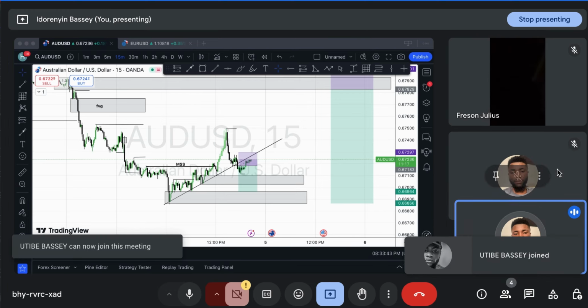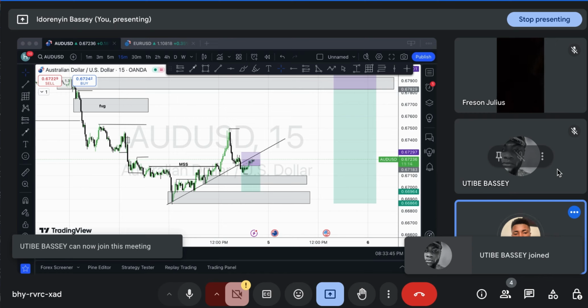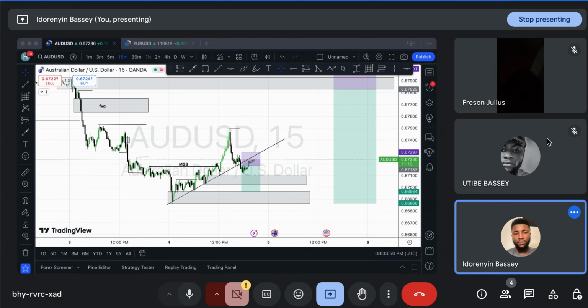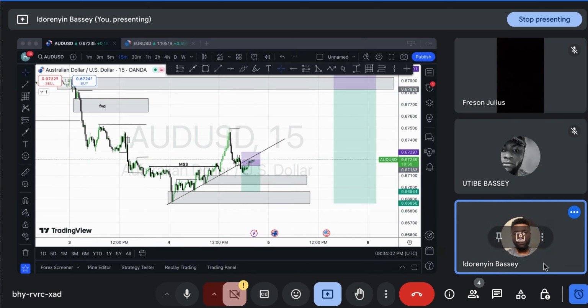So we also have an uptrend, which features higher highs and higher lows, while a downtrend features lower highs and lower lows. A sideways trend, which is the flat market, occurs when price moves within a narrow range.